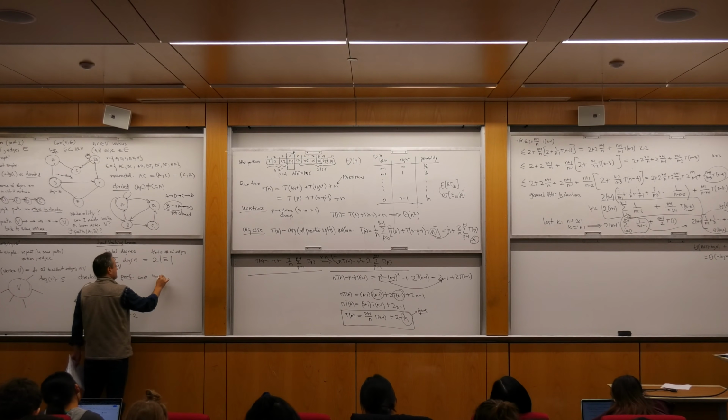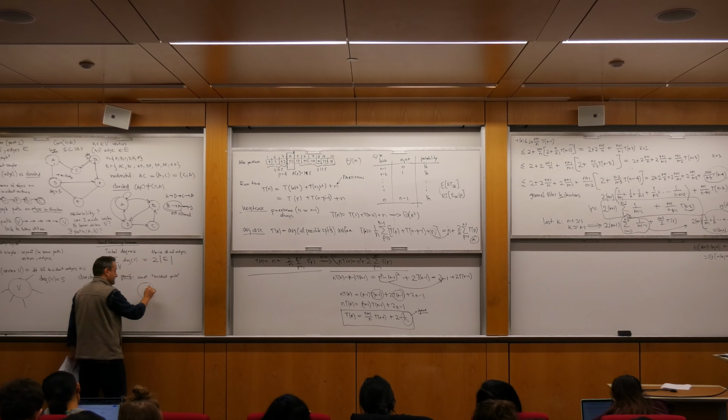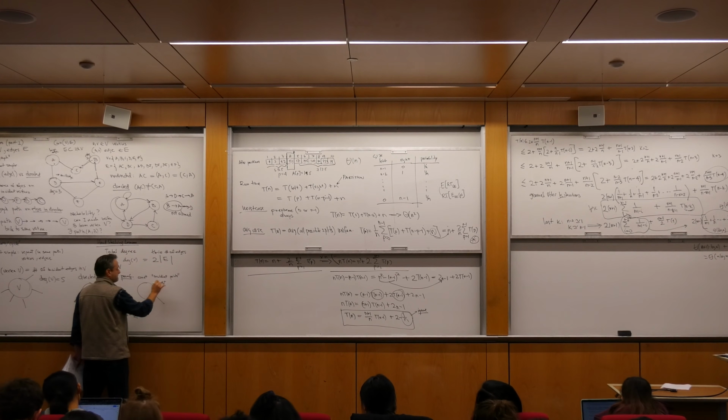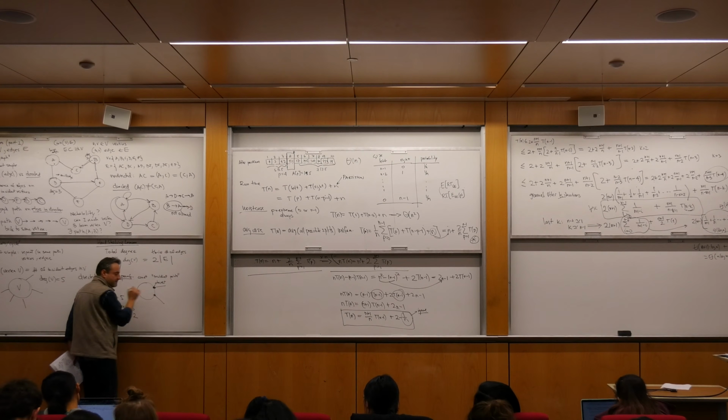incidence points. By incident points, I mean look at the vertex. There are some edges coming out. This is an incident point. Wherever an edge connects to a vertex, that's an incident point.